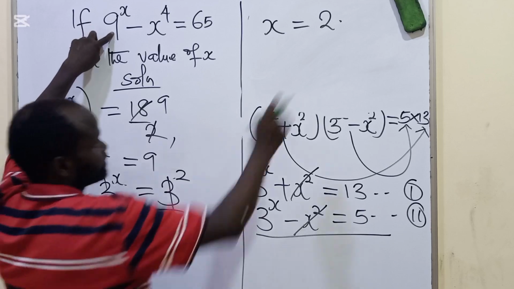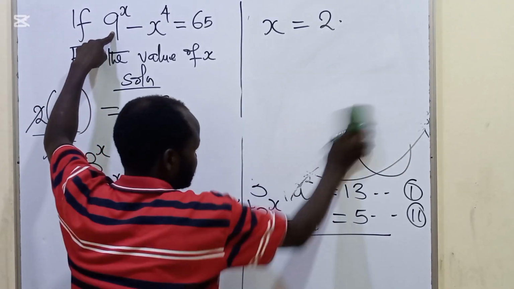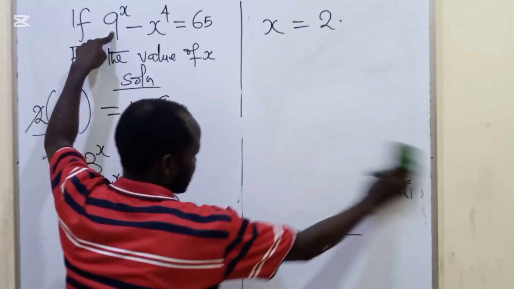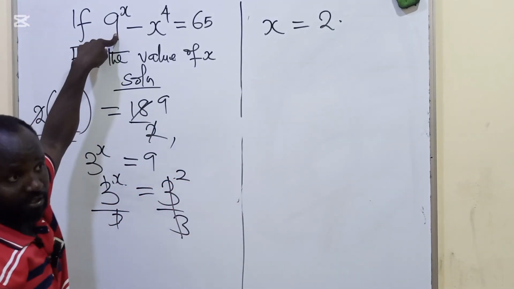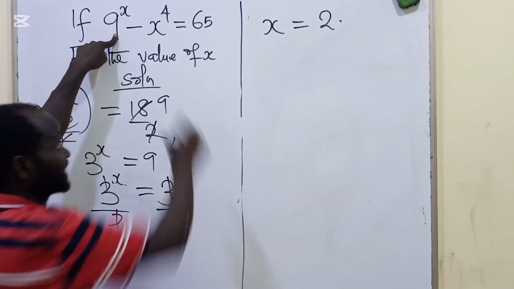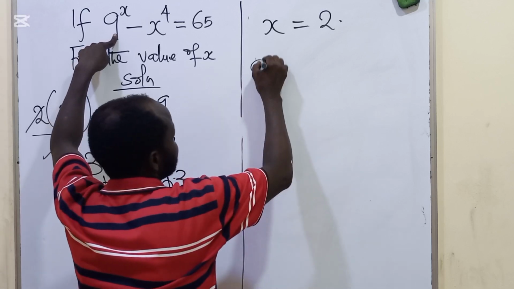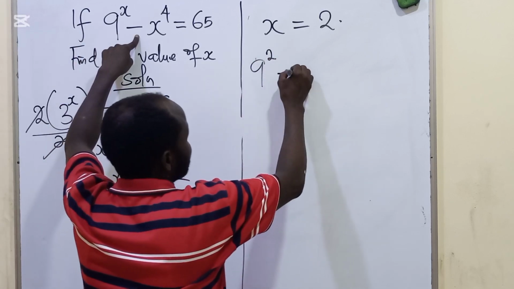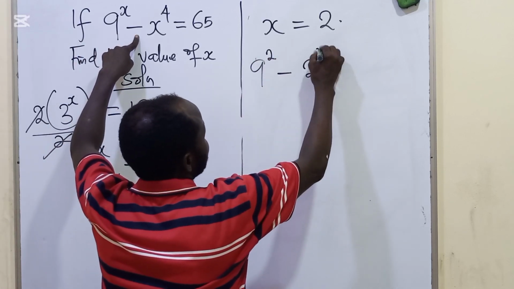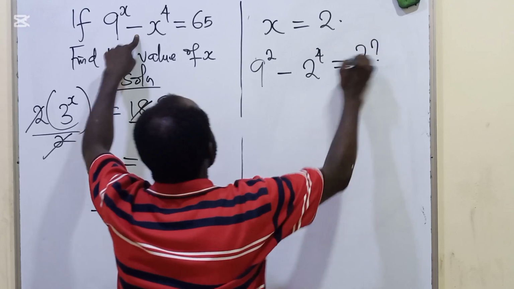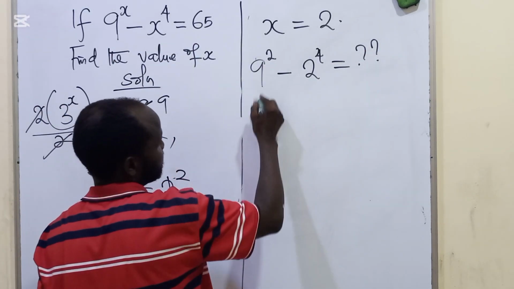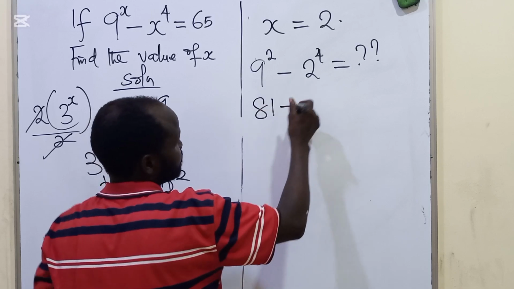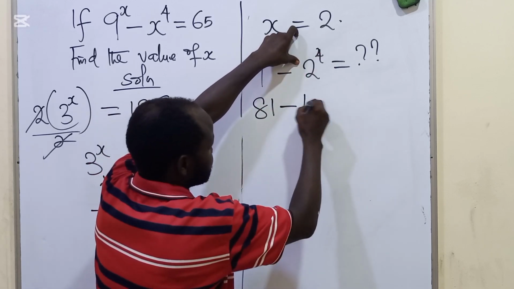So let's check whether it is true. Let's check whether the true value of x is 2. Let's substitute into the left hand side, to see whether the left hand side will agree with the right hand side. So it will be 9^2 − 2^4. Is it the same thing as 65? Let's check. 9 squared is 81, minus 2^4 is 16.